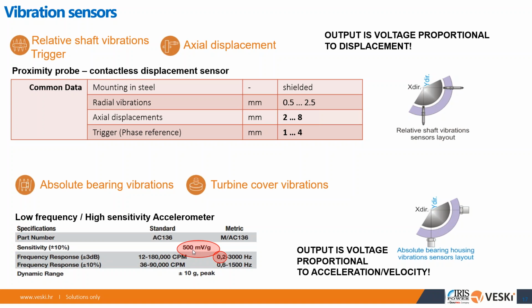Because all the accelerometers have the problem of signal to noise ratio on low frequencies. That's the piezo crystal characteristic. Higher sensitivity probes are usually more expensive, of course. For online monitoring we usually use 500 millivolts per G, which is quite good. Now there are 1,000 millivolts per G accelerometers that you can get at a very acceptable price.